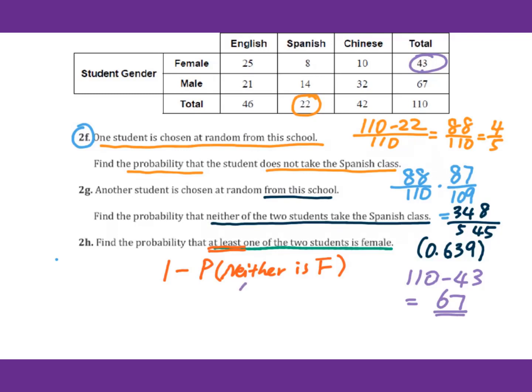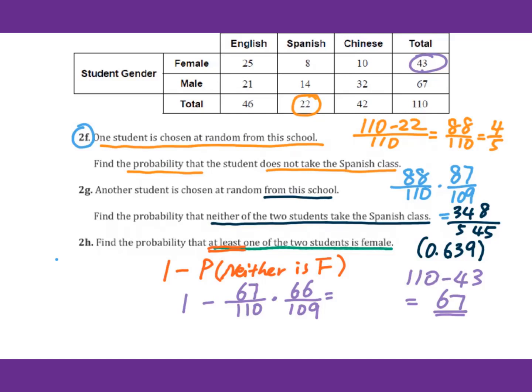So, first of all, you will get 67 over 110. Then the second student is still not female. You will get 66 over 109. Then you use 1 minus that, and that will be the probability that at least one of the two students is a female.